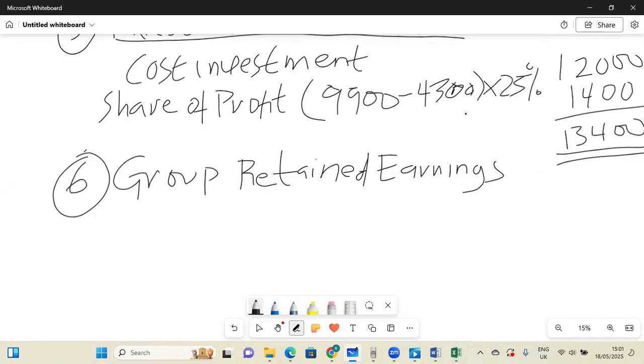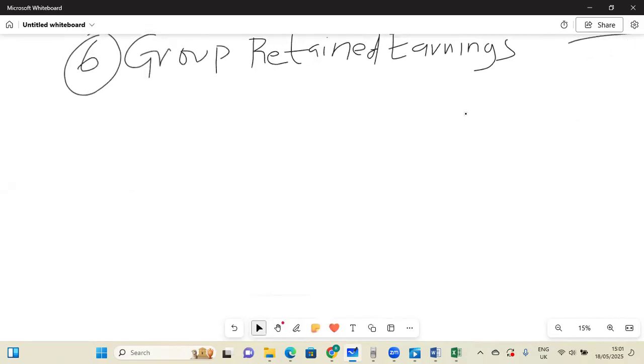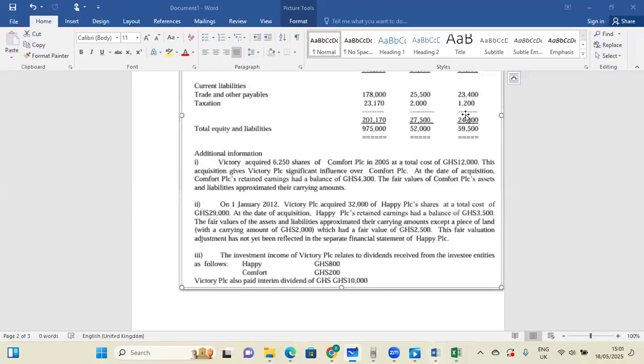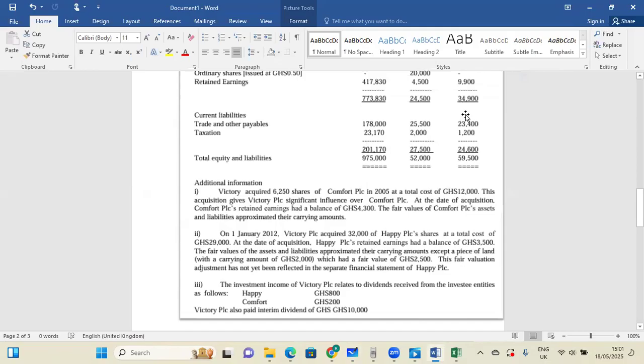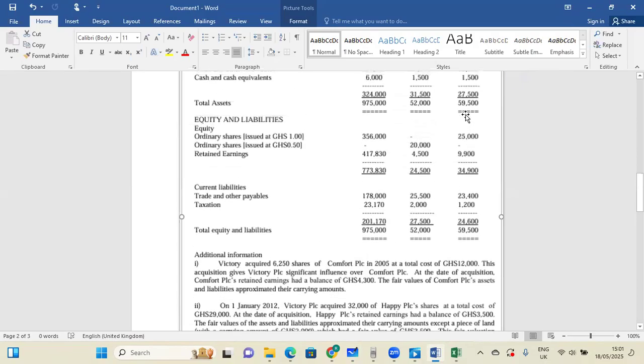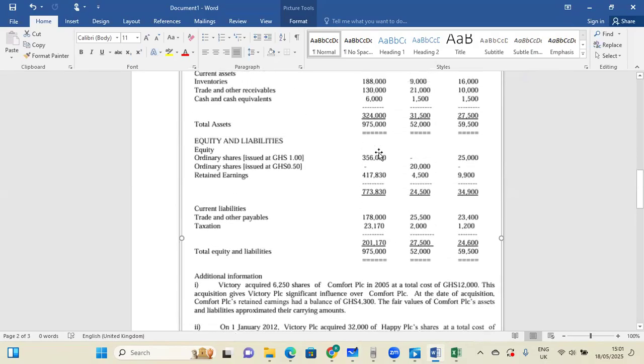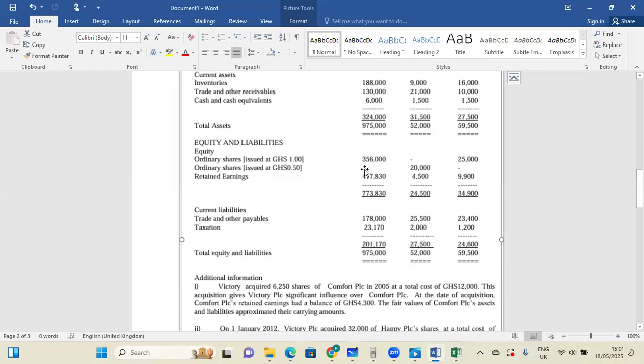We'll begin with the balance brought forward of the parent. So the parent's retained earnings at the end of the period is 417,830. Right, so the same thing here.